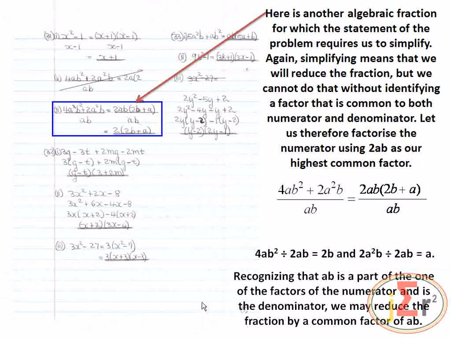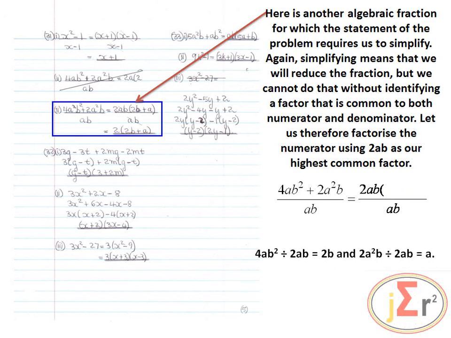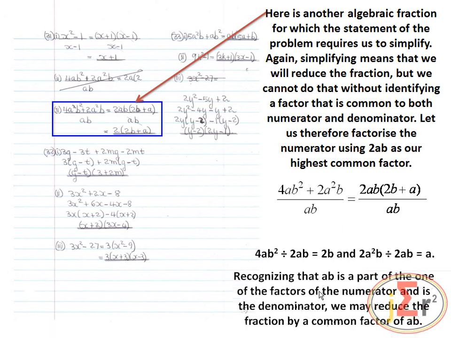Recognizing that ab is a part of one of the factors of the numerator and is in the denominator, we may reduce the fraction by a common factor of ab. So go straight ahead and reduce the fraction by a common factor of ab, and we will have 2 left and 2b minus a in the brackets, like we have right there.